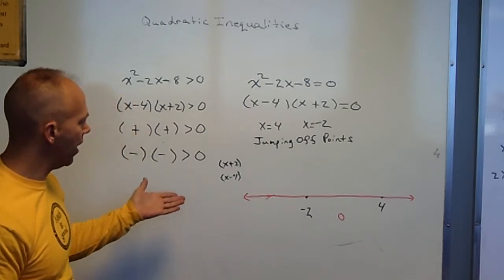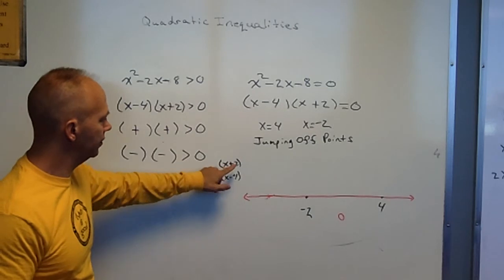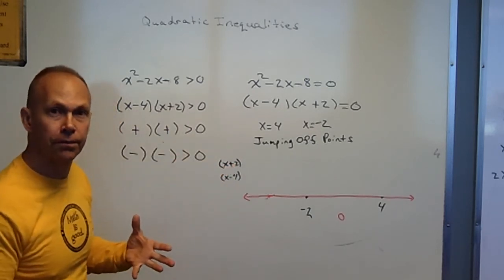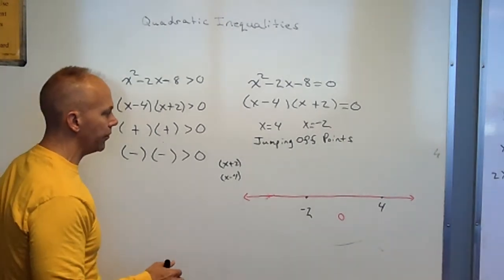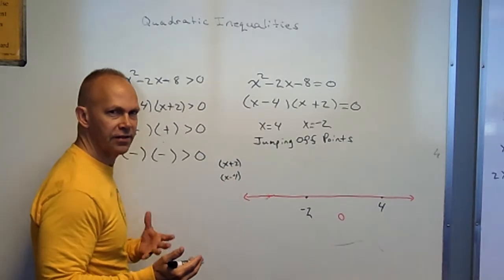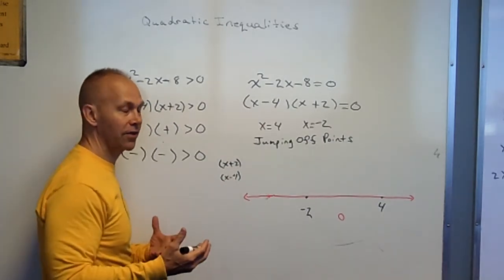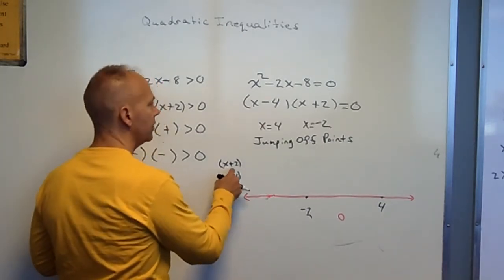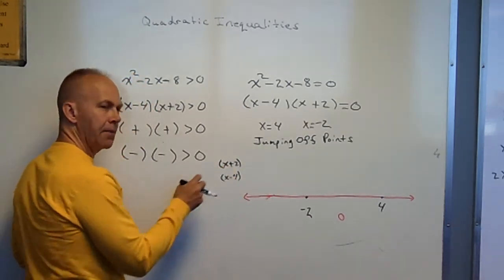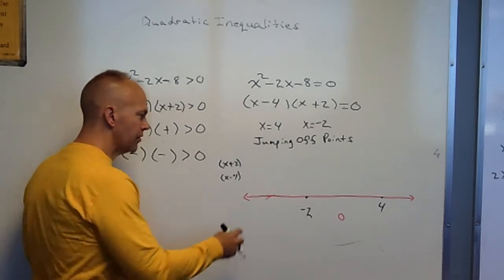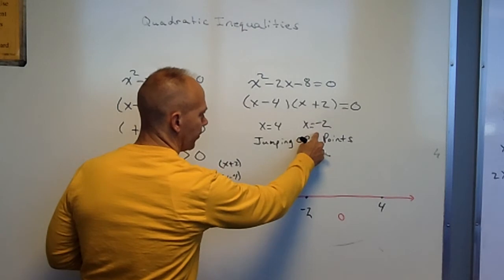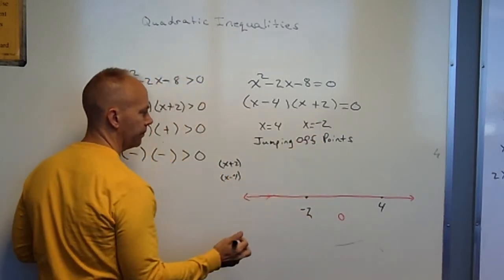For what values of x is x plus 2 going to be negative? Where is it going to be positive? Where is it going to be 0? Well, it turns out that where it changes signs from negative to positive, positive to negative, is at its jumping off point. Examining x plus 2, the jumping off point that factor yielded was negative 2.